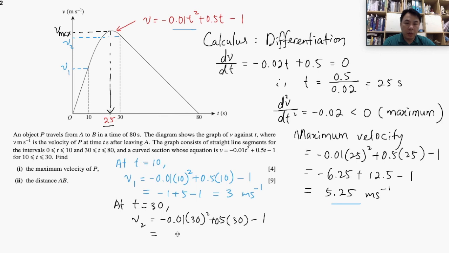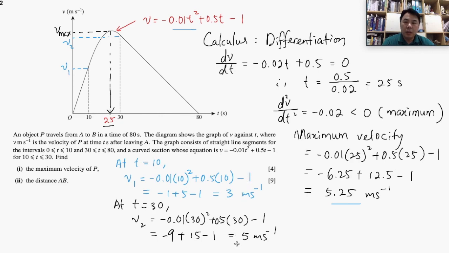Let's see what we have here is a negative 9, and then plus 15 minus a 1, that is a 5 meter per second. So this is 3, this is 5 meter per second, and then the maximum is 5.25. So that makes a lot of sense, and it does fit the logic.